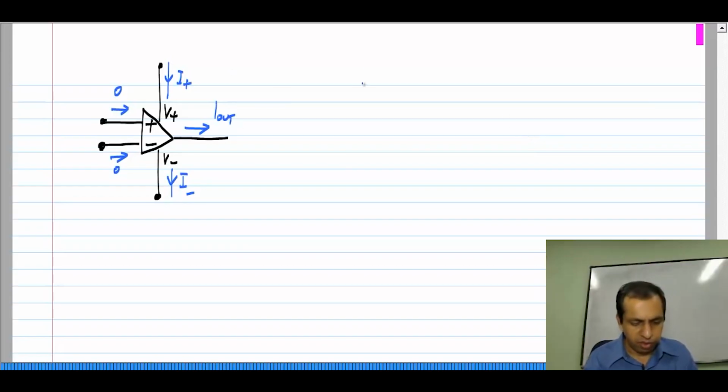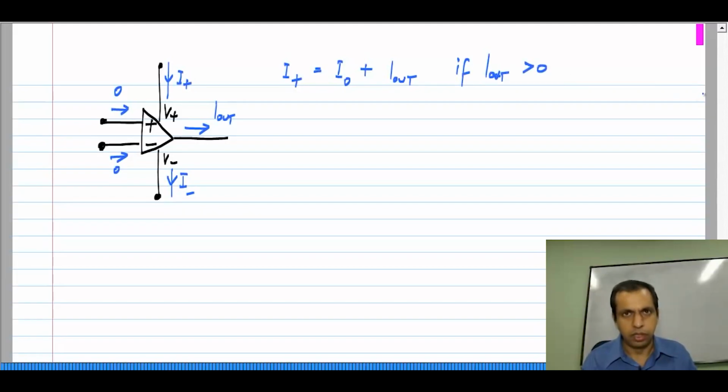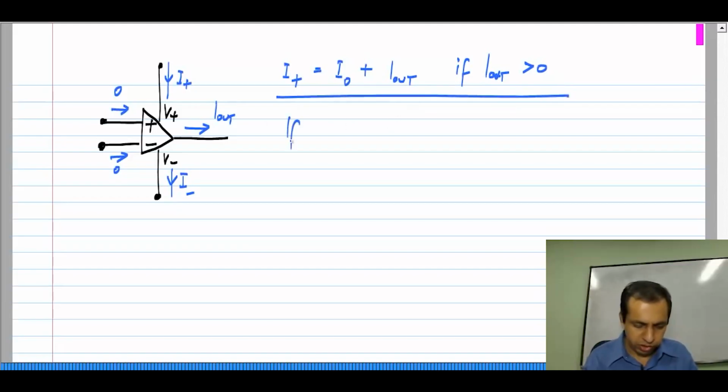Now, a very simple model for this I plus and I minus is as follows.